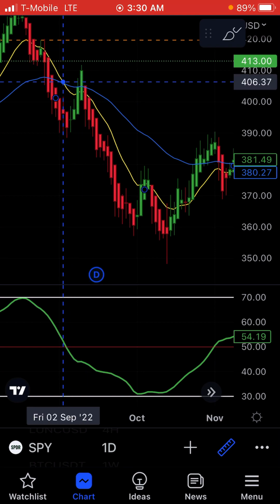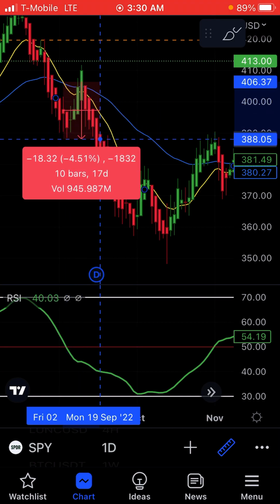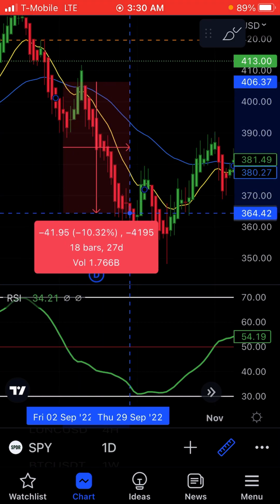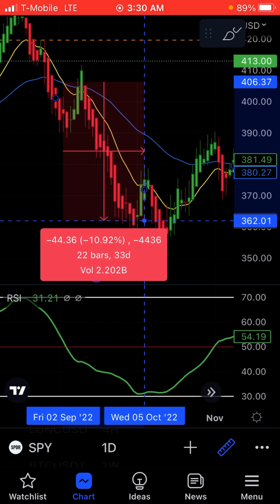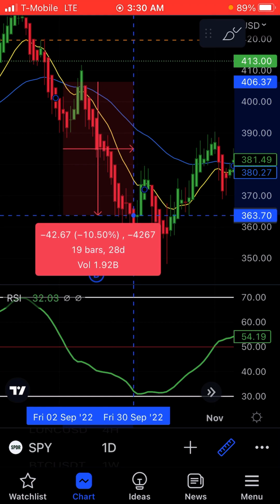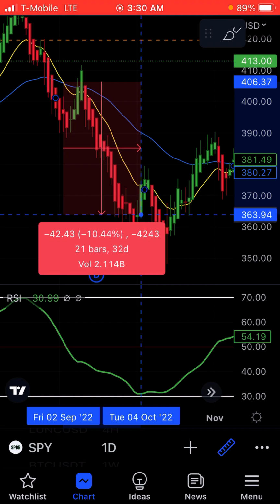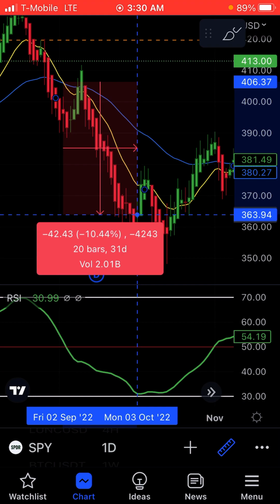The next time that the 1348 crossed was on September 2nd. So if you did a 30-day contract from this point and you just rode it out for, let's say, 30 days. 30 days is right here. Well, that's 31. 32. Yeah, let's do 31.